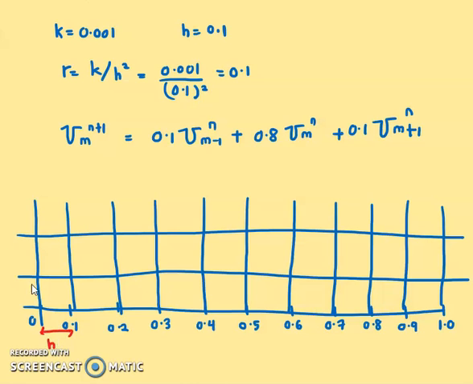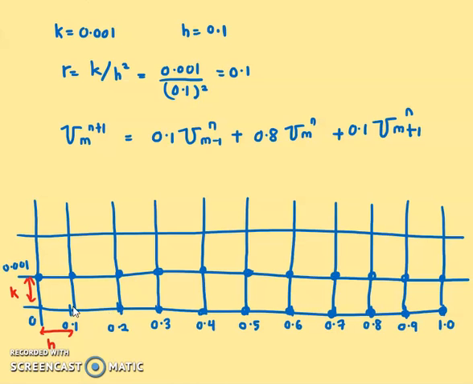Now this is my k, where k is given as 0.001. That's all you need to find. So we need to find all these values here. I hope you are with me.